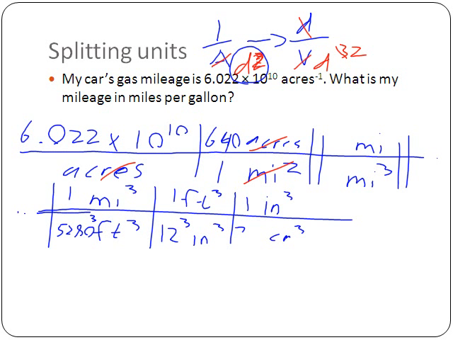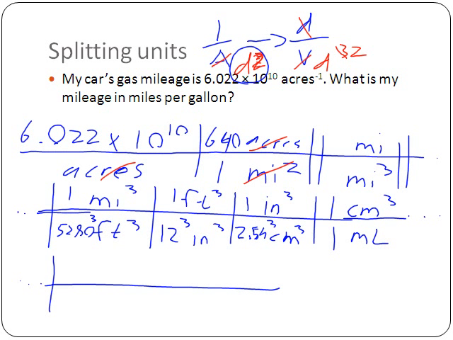So it's 1 inch cubed and 2.54 cubed centimeters cubed, like that. Now we can go from centimeters cubed to milliliters, which is our next one here. That's just 1 right here.